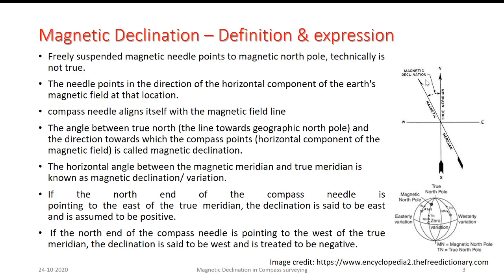With respect to that, the magnetic north is flowing towards the west. Hence, this declination is said to be west declination and is treated as negative declination.